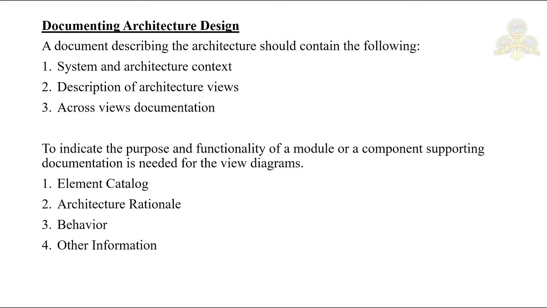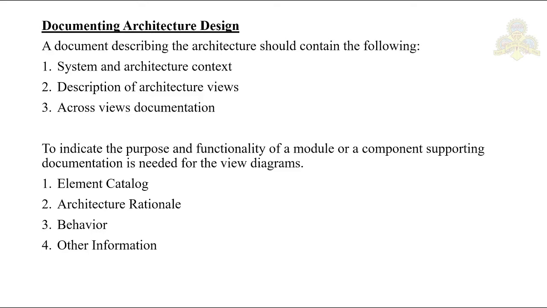For example, the purpose of the functionality of a module or a component being indicated only by its name is not sufficient. Suppose you have a library management system and you have developed the architecture for that. You have given search as one functionality, say in a use case diagram or in a DFD, you have just mentioned search. Now what should that do, right?